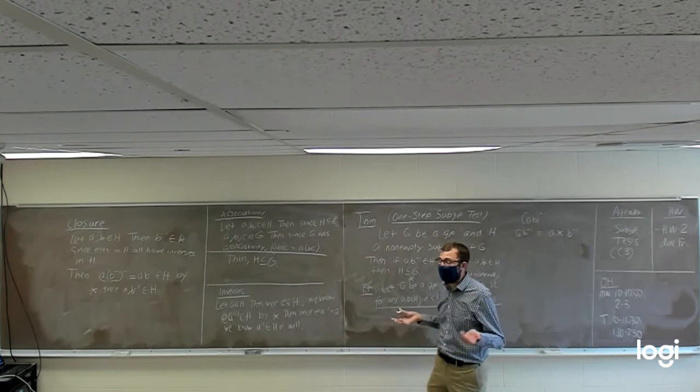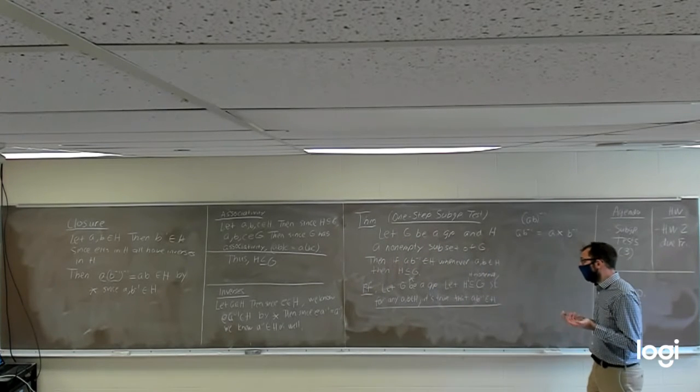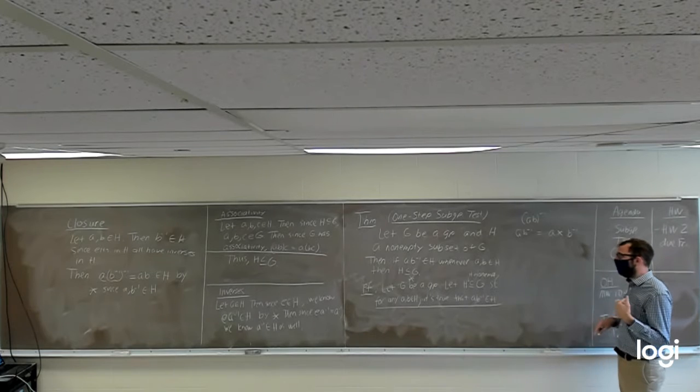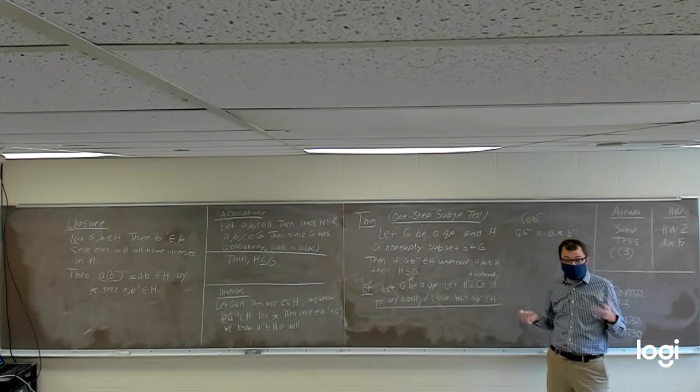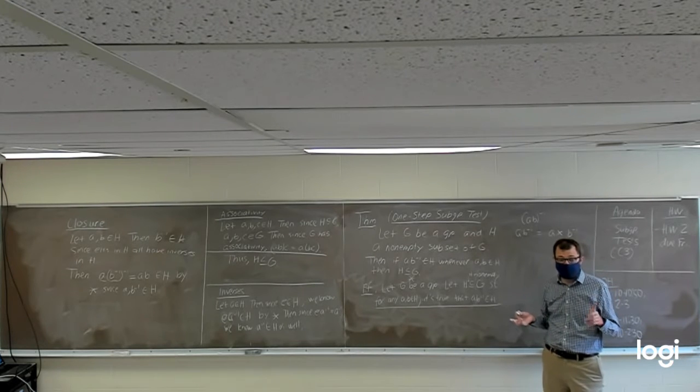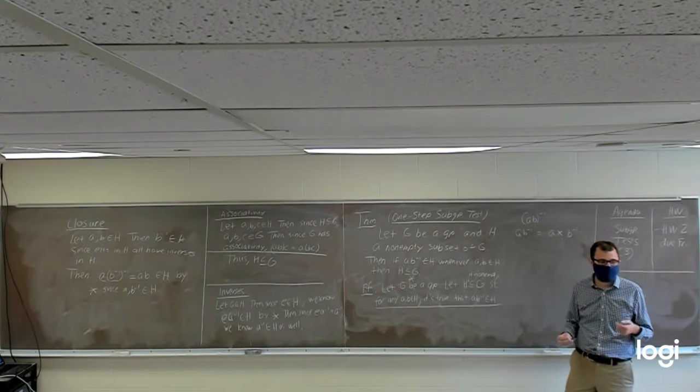But this goes to show, if you want to prove you have some non-empty subset H and you want to show it's a subgroup, from now on, you don't need to check all four things. You just need to prove this one property.